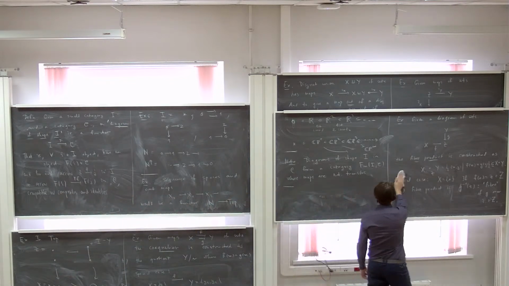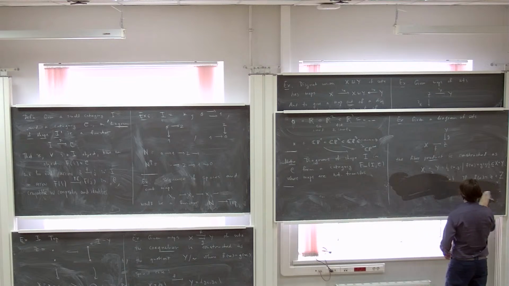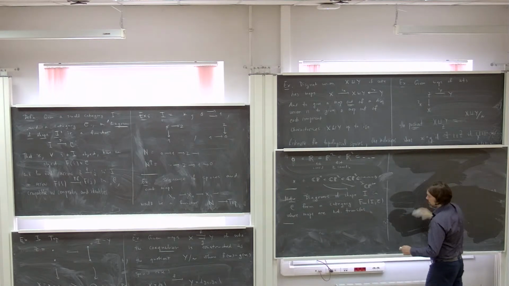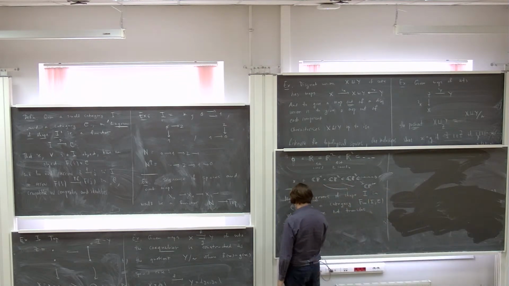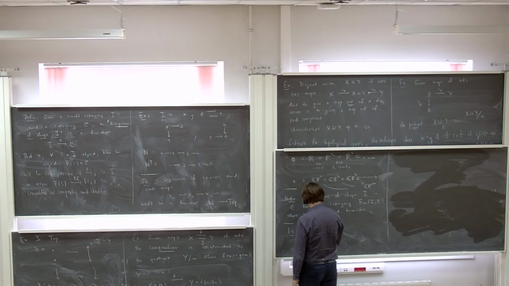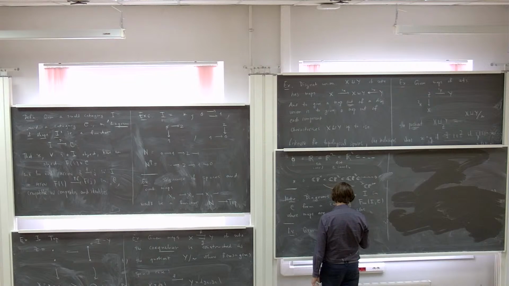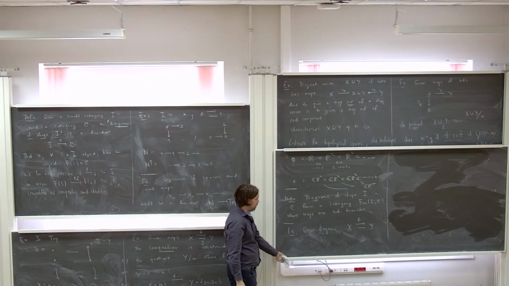Yes. And concretely, what does that mean? It's kind of a map of diagrams in a fairly obvious way. So concretely, for example, given diagrams, let's say, it's just in some category, it doesn't matter which.